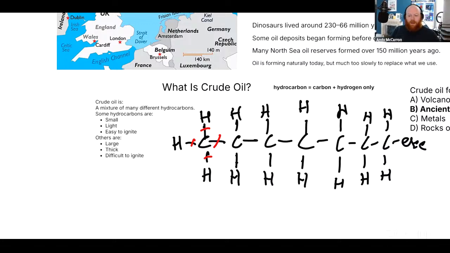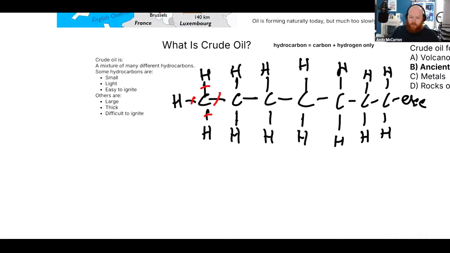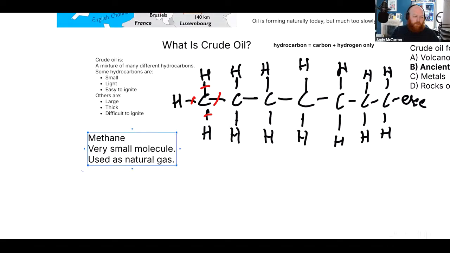If they're really small, a typical hydrocarbon that is super small is methane. Methane is actually just one single carbon, and it's attached to four hydrogens.